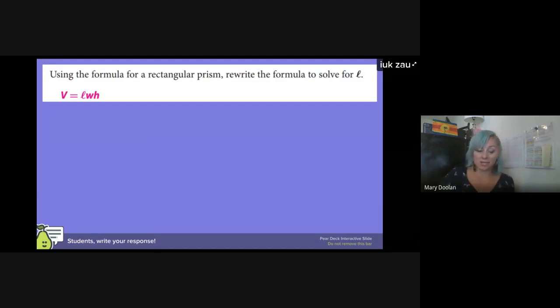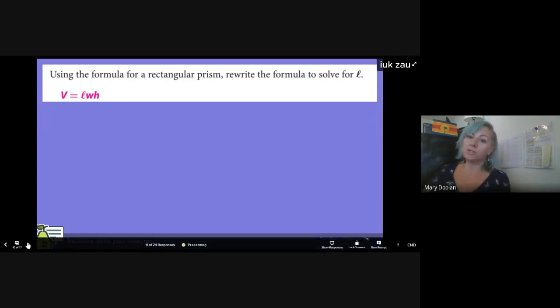Specifically, lowercase l equals. Okay, so there is some confusion. Let's look at the solution to this, okay?